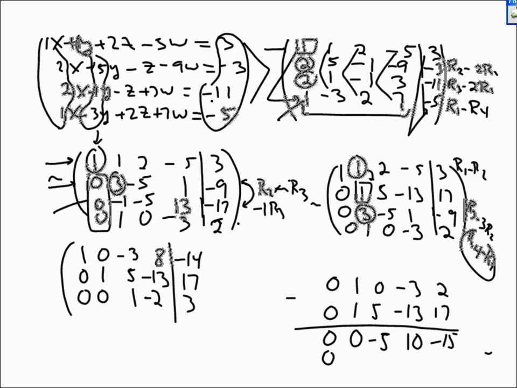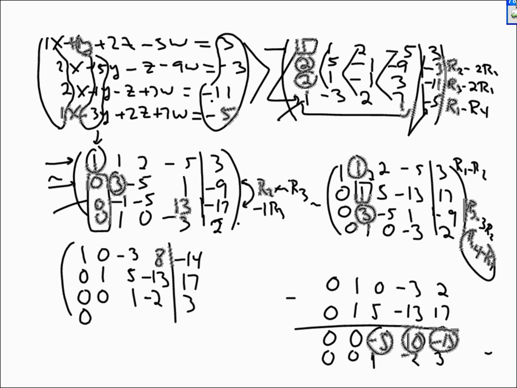Because I want a 1 here, eventually. 0 divided by negative 5, 0 divided by negative 5, 1 divided by negative 5, negative 5 divided by negative 5, 10 divided by negative 5, and negative 15 divided by negative 5.